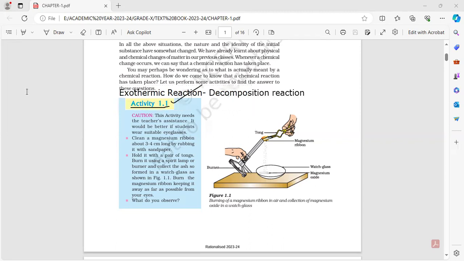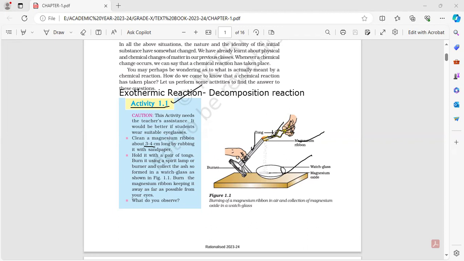What are the materials required for this activity? Magnesium ribbon, tongs, burner, watch glass, and also sandpaper. First, we need to take sandpaper and rub the magnesium ribbon. Actually it looks like a ring. We cut the magnesium ribbon with scissors, and rub it with the sandpaper, about 3 to 4 centimeter long.